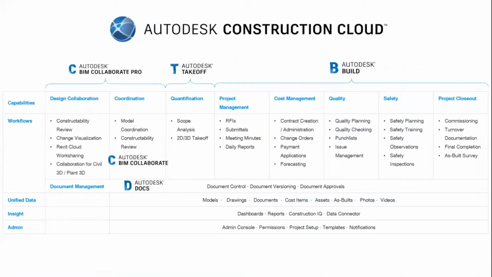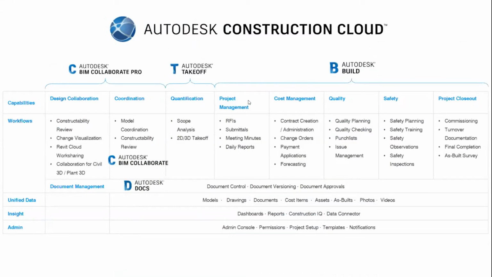So what can you do with these components? Here is a more detailed illustration of the features of the unified platform components. As you can see, for document management, we have Autodesk Docs. Here we could perform document control, document versioning, and document approvals. We also have Autodesk Build.